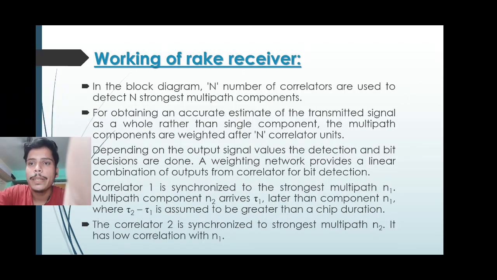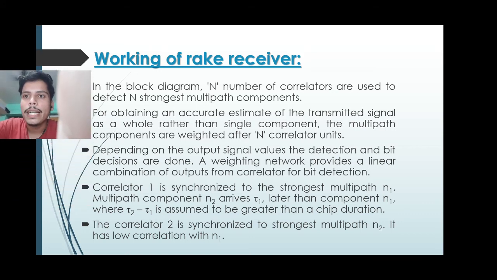In this block diagram, n correlators are used to detect the n strongest multipath components for obtaining an accurate estimate of the transmitted signal. Rather than a single component, the multipath components are weighted after the n correlator units. Depending on the output signal values, the detection and bit decisions are done. A weighting network provides a linear combination of outputs from the correlators for bit detection.